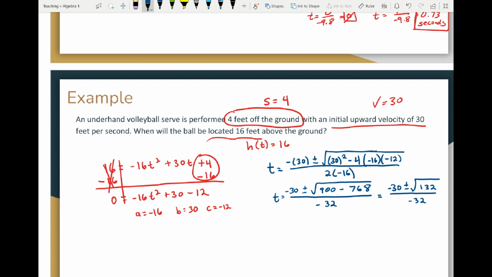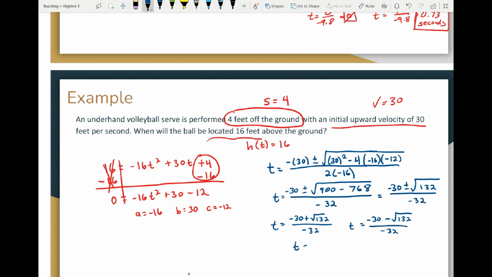And I just have to start actually doing this, which, believe it or not, the best way is to just do this in your calculator. So t is negative 30 plus square root of 132 over negative 32, and t equals negative 30 minus square root of 132 over negative 32.